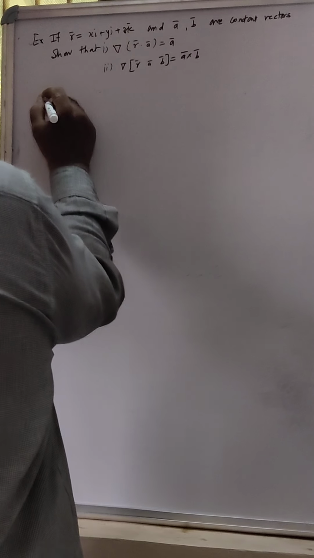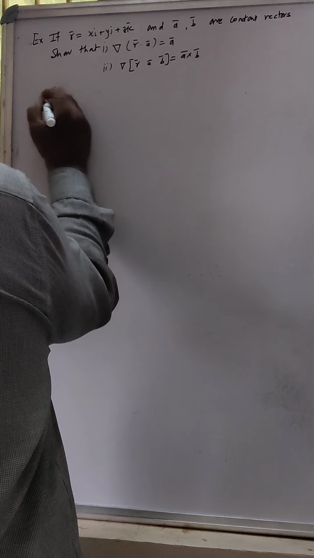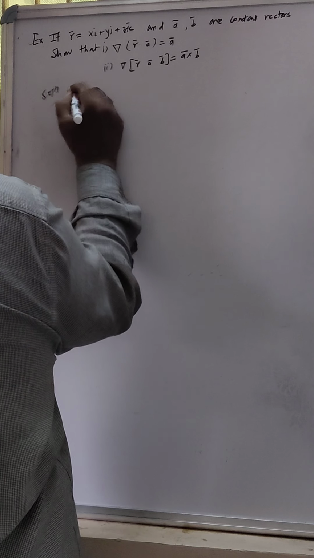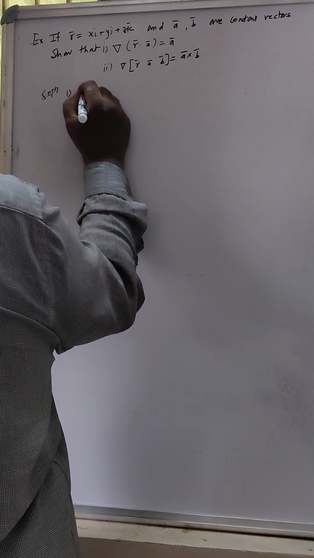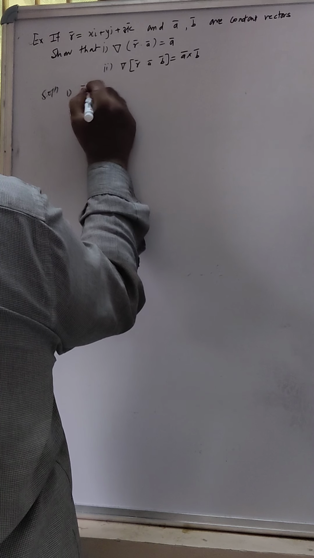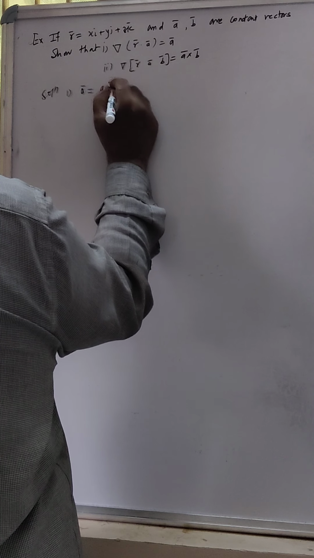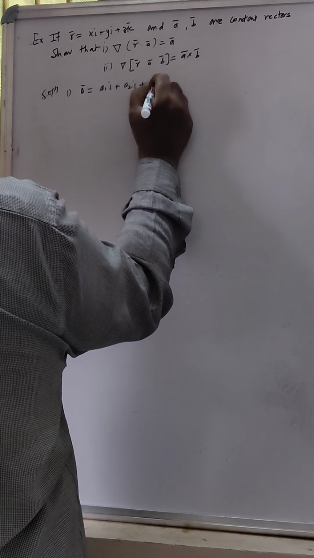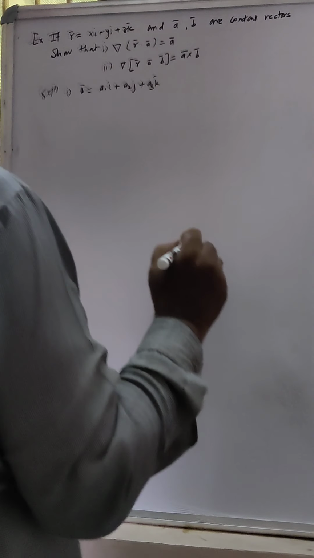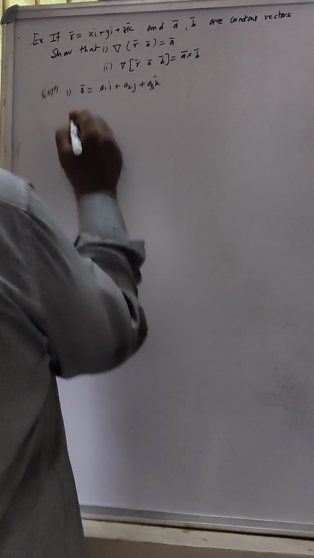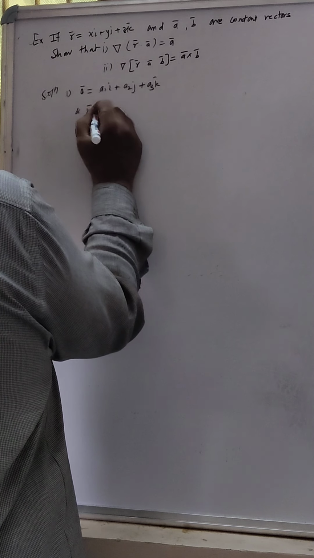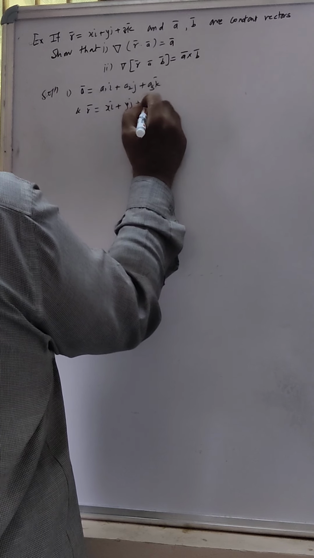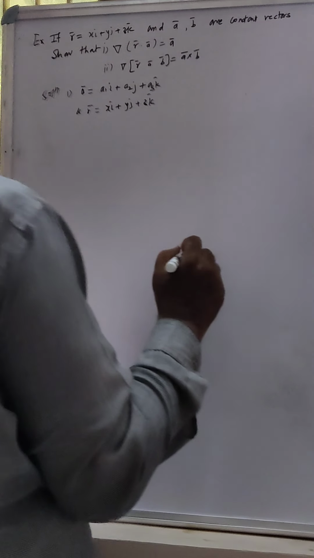First, a vector is equal to a1 i vector plus a2 j vector plus a3 k vector, that is a constant vector, and r vector is equal to xi vector plus yj vector plus zk vector.